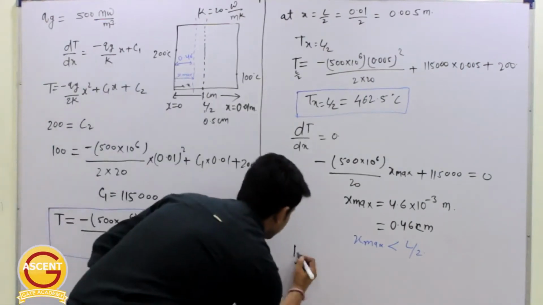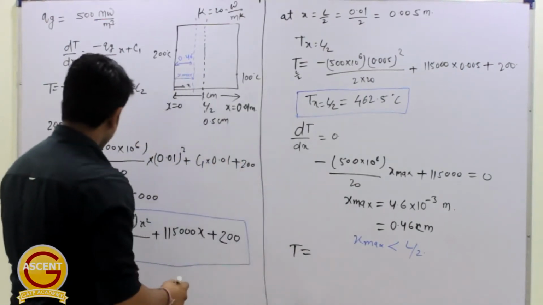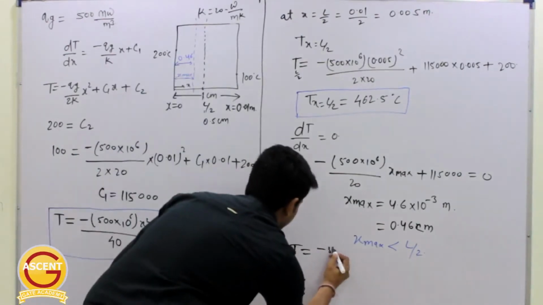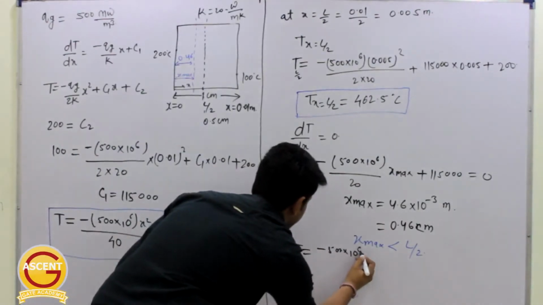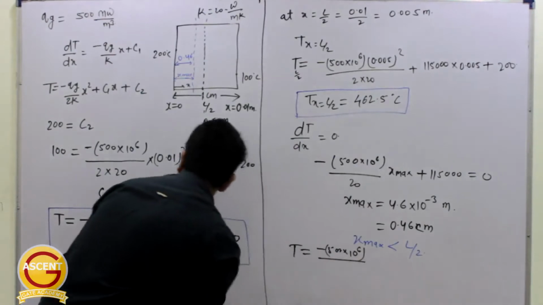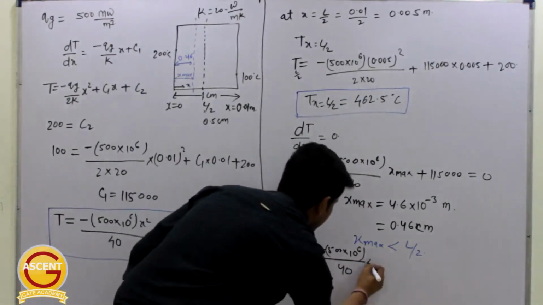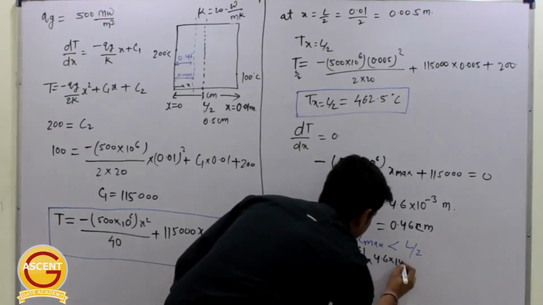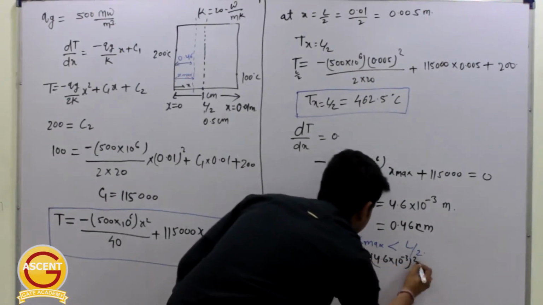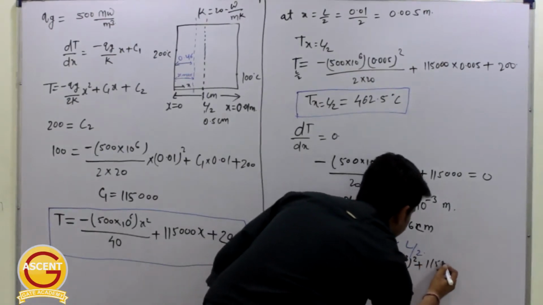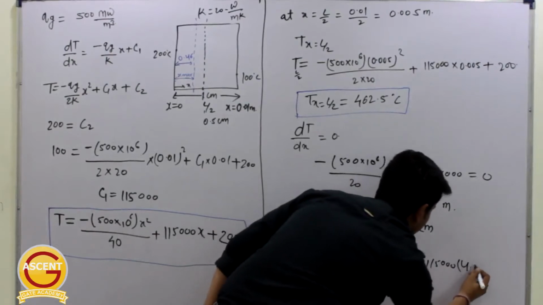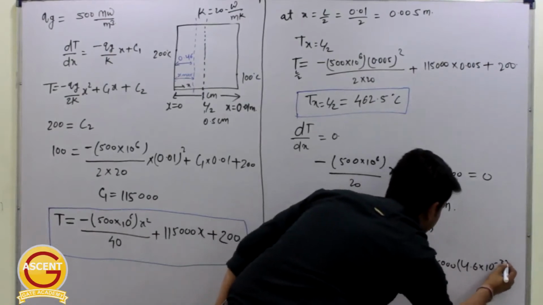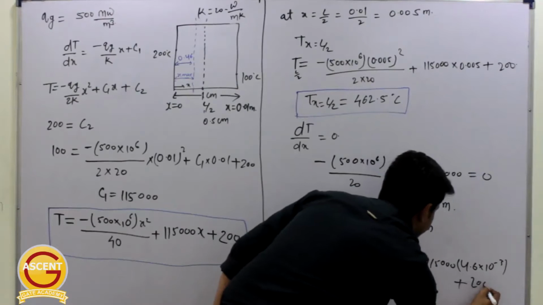So let's do that. T will be equal to minus 500 into 10 power 6 divided by 40 multiplied by 4.6 into 10 power minus 3 whole square, plus 115,000 into 4.6 into 10 power minus 3, plus 200.